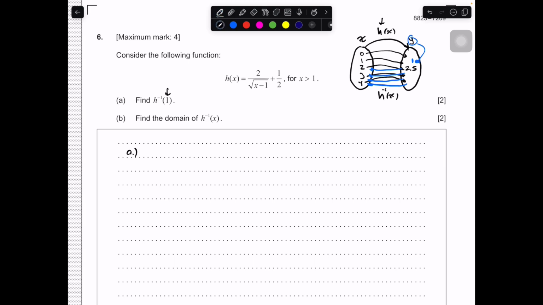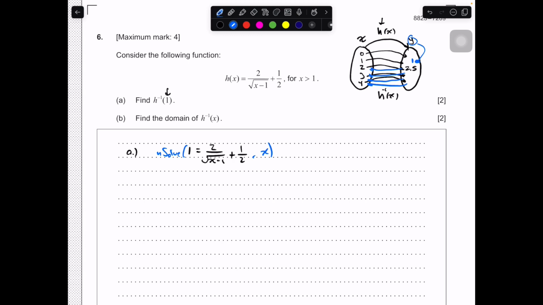And in this case, all we need to do is just write 1 is equal to 2 over x minus 1 plus 1/2. And then we can go ahead and solve. So let's go ahead and solve this for x. I'm going to go ahead and do that here.